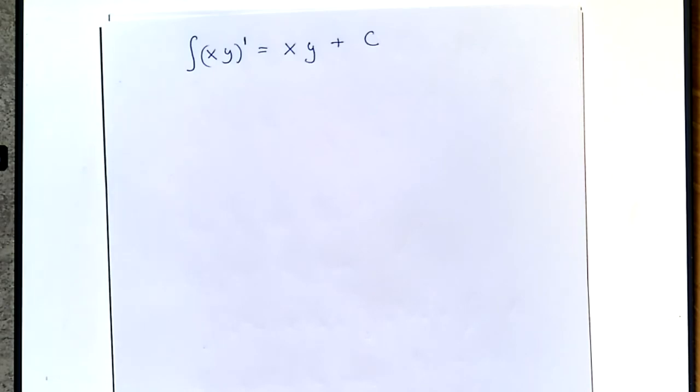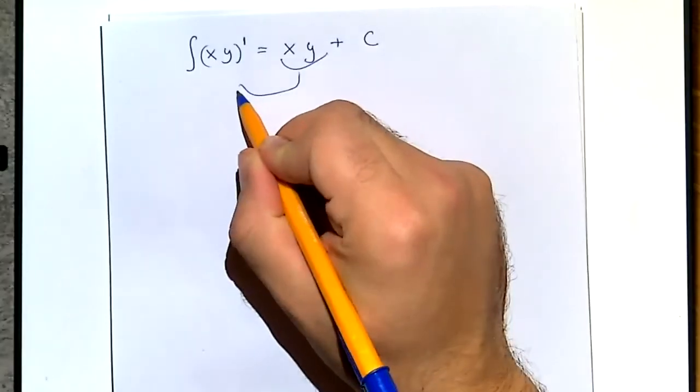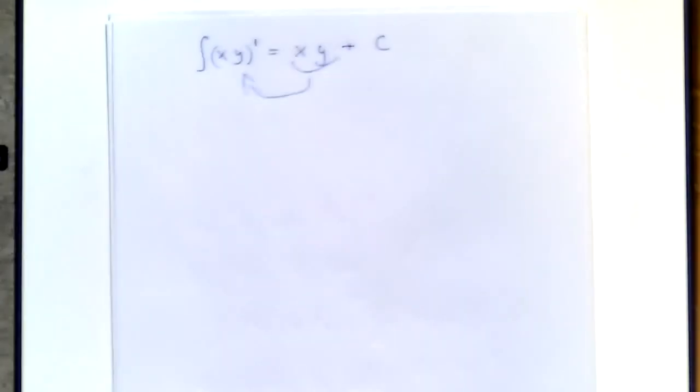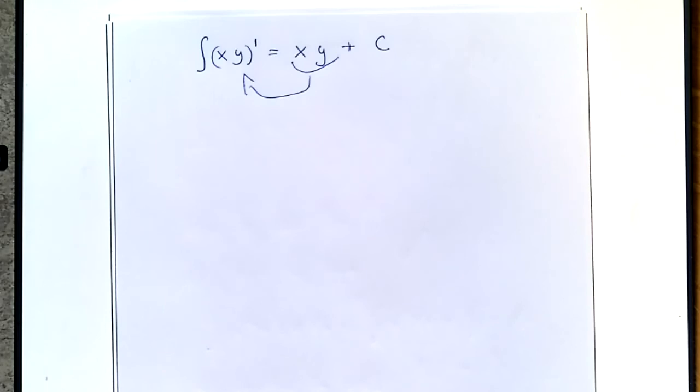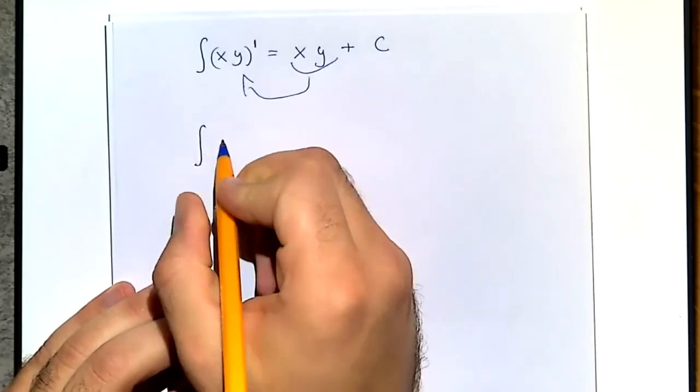Why? Well, if I take the derivative of xy, I'm going to get the derivative of xy. So it makes sense, right? No other way.